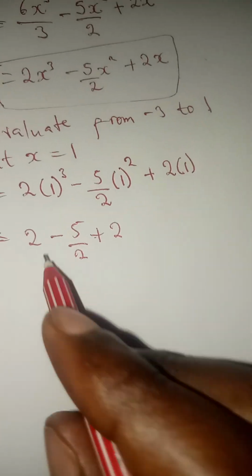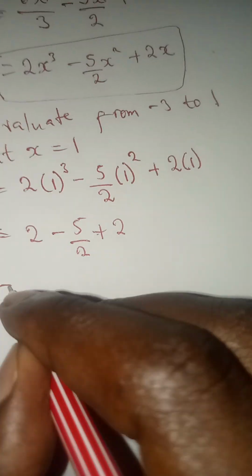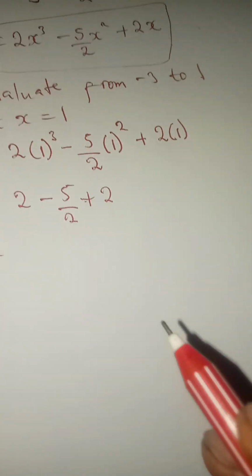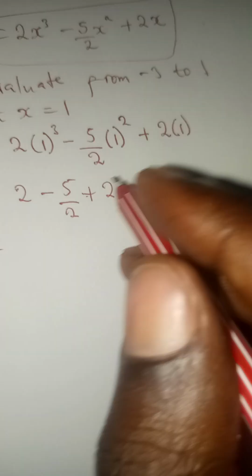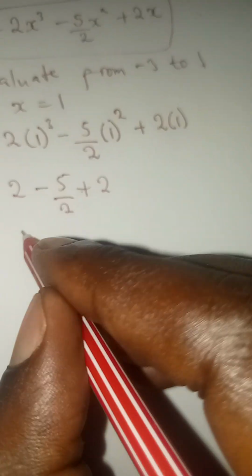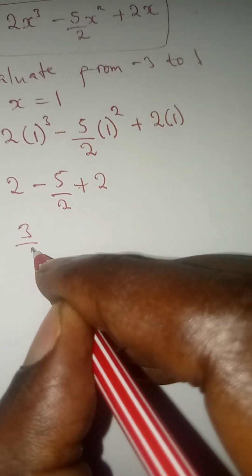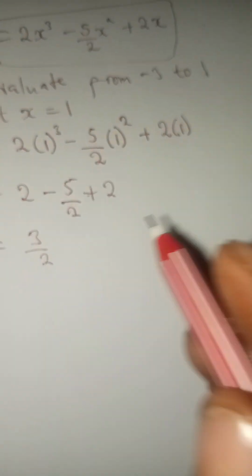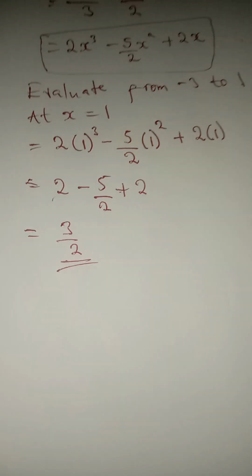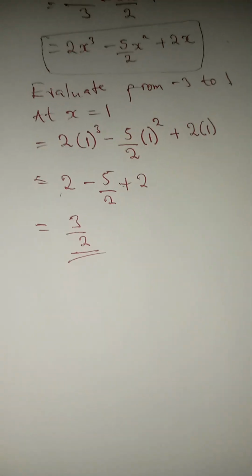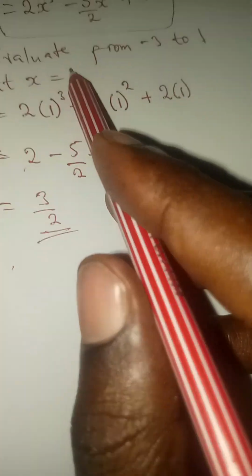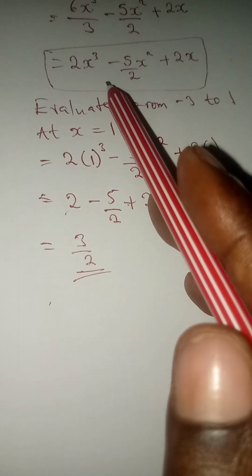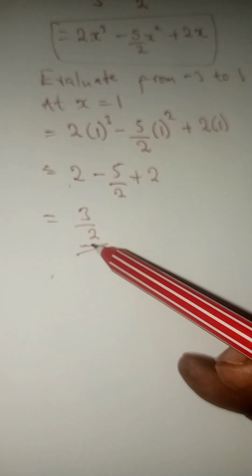This is for grade 9, you multiply and do it. So the answer is 3 over 2. I won't say much on this one. So at x equals 1, this equation becomes 3 over 2.